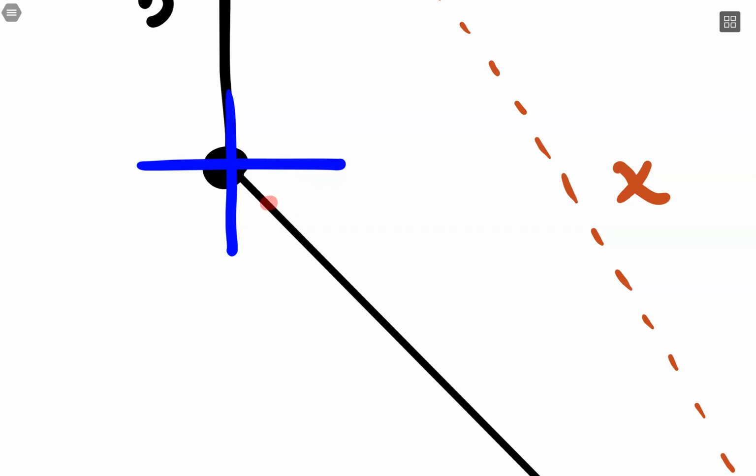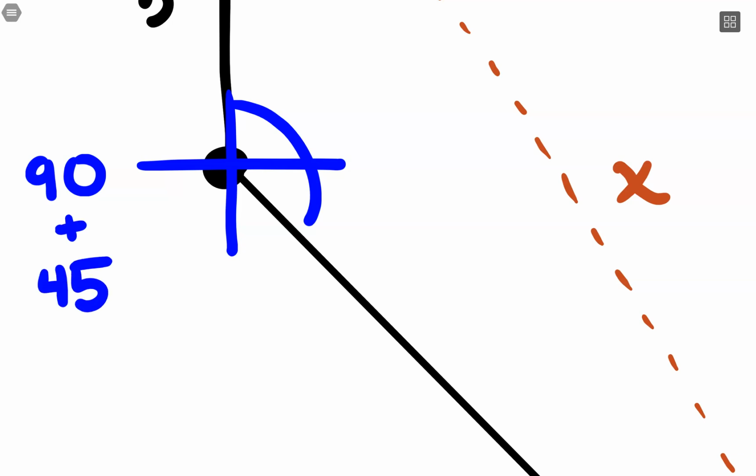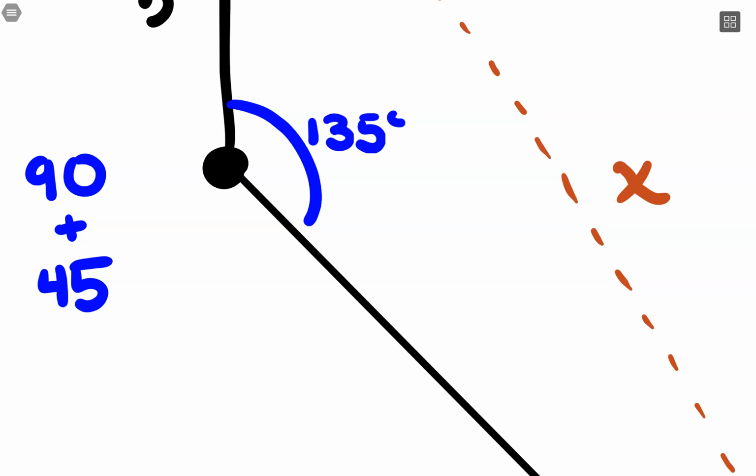We have this 45 and 45, and then with due north we have this 90 degrees. Because of how we're working with our compass, we can calculate this total angle by taking 90 plus that 45 from going exactly northwest. So that angle measurement is 135 degrees.